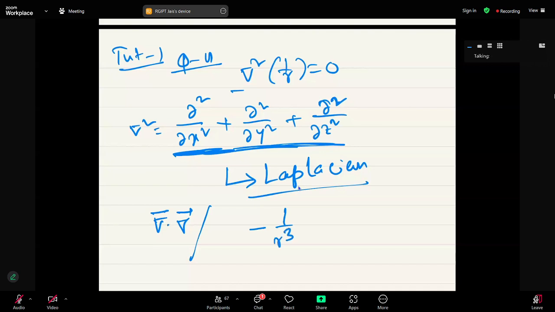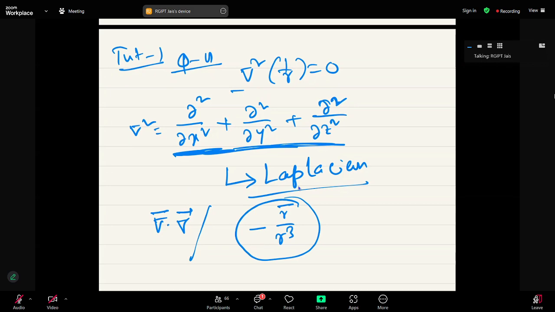You should get the value minus r by r cube. Most probably this is the value you are getting, right? No, sir, I get 3 by r cube. No, sir, 3r by r cube.